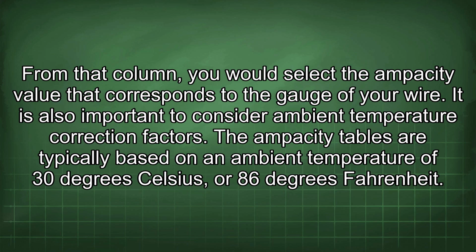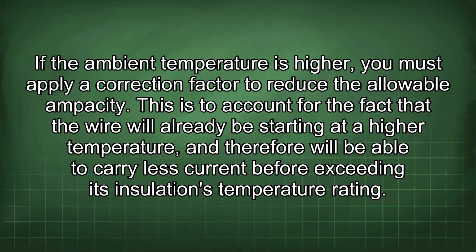It is also important to consider ambient temperature correction factors. The ampacity tables are typically based on an ambient temperature of 30 degrees Celsius, or 86 degrees Fahrenheit. If the ambient temperature is higher, you must apply a correction factor to reduce the allowable ampacity. This is to account for the fact that the wire will already be starting at a high temperature and therefore will be able to carry less current before exceeding its insulation's temperature rating.